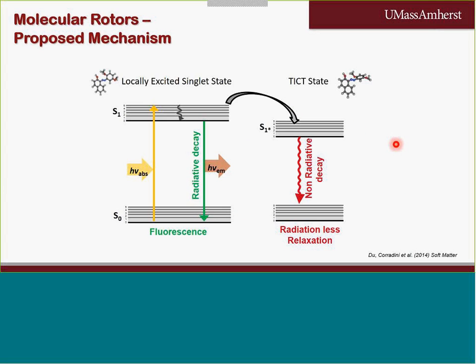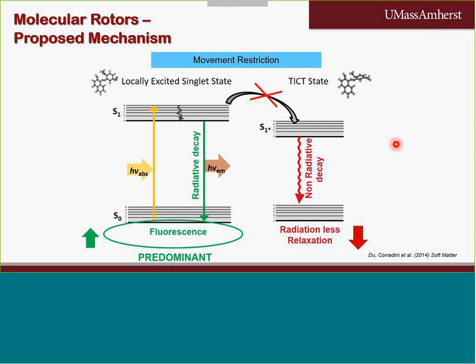However, if we impose any kind of restriction on movement, this transformation to the twisted state is hindered, and that makes the locally excited state the most prevalent, which usually decays in a radiative form, exhibiting increased fluorescence. It is also worth mentioning that the twisted state usually returns to the ground state in a non-radiative way.